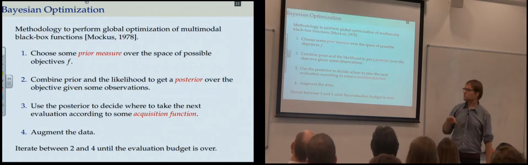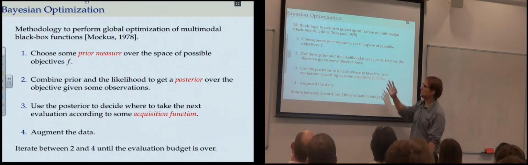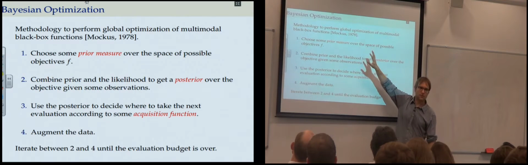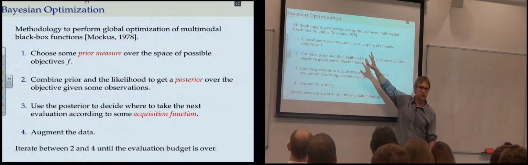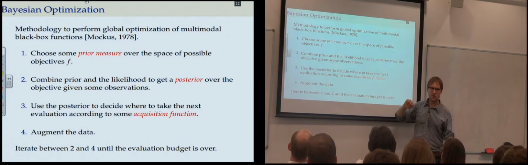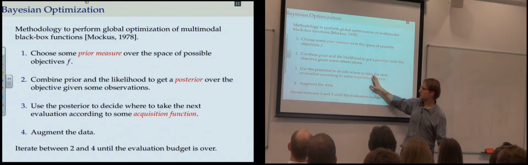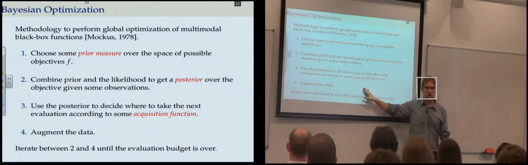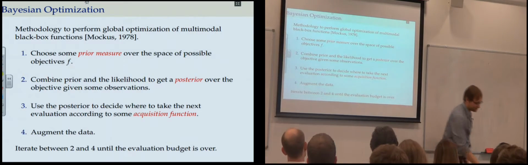So what I'm going to do now is visit these two elements. I'm going to talk a bit about the prior measure that we will be using for the function, which I guess you all already know what it's going to be. And I will be discussing what possible acquisition functions are to solve this problem.